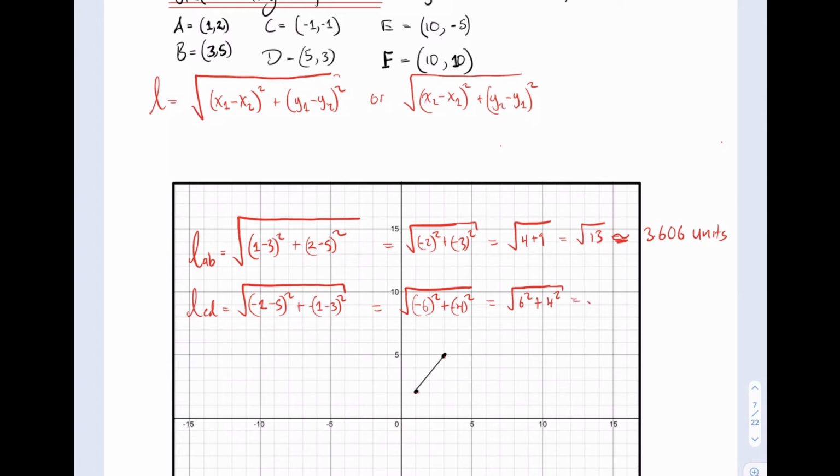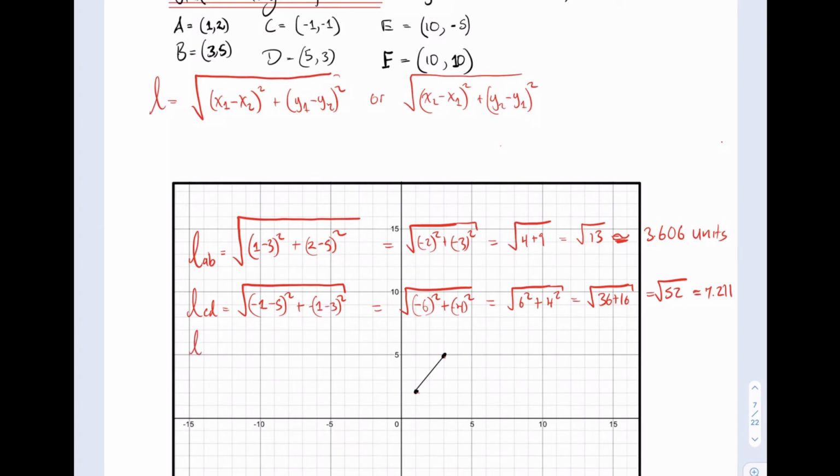That is the square root of 52, which is equal to 7.211, approximately.